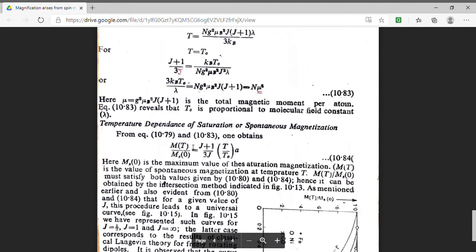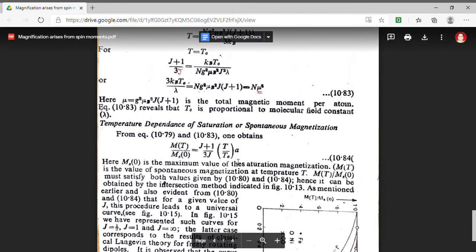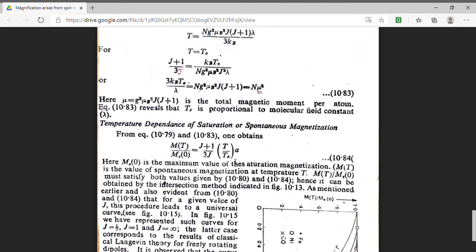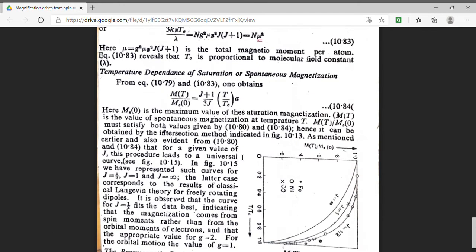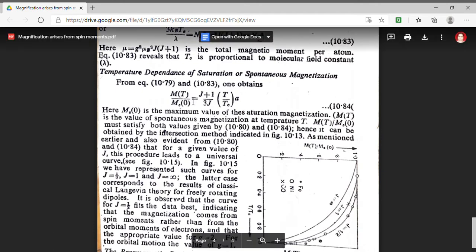From these two expressions, I am getting the value of M upon Ms0 to be (J+1)/3J T upon Tc multiplied by A. Here M is the spontaneous magnetization, and we are writing T in the bracket.